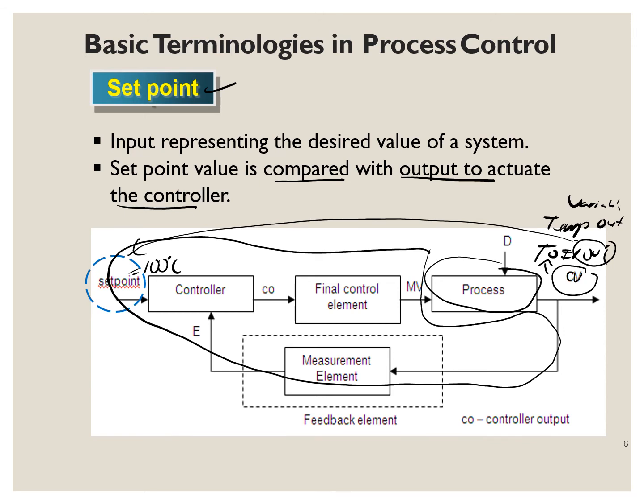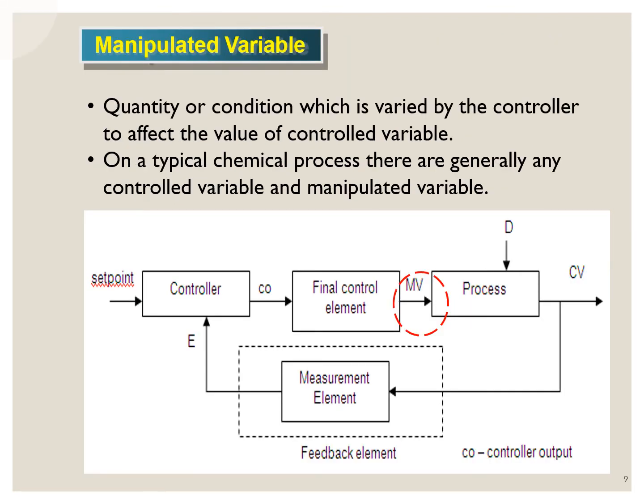This set point will be compared with the measured value from the output here, and then sent to the controller to make a decision. Next, our manipulated variable: the quantity or condition which is varied by the controller to affect the value of the control variable.